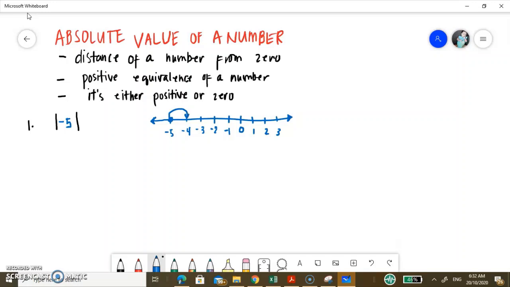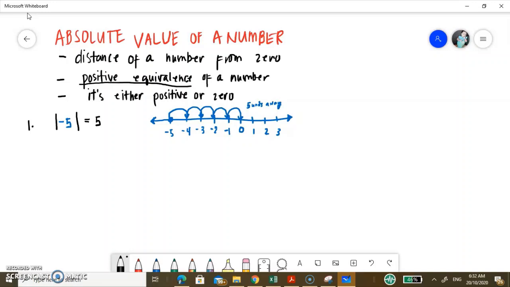So 1, 2, 3, 4, 5. So it is 5 units away. Okay, so therefore the absolute value for -5 is just +5.